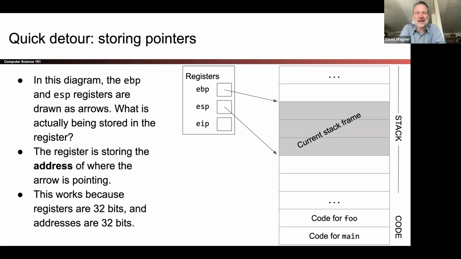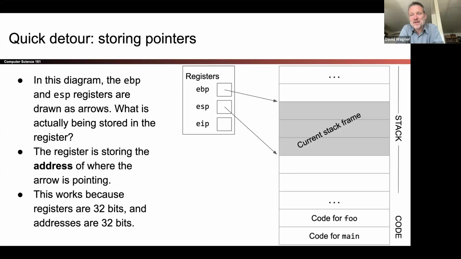Now, let me make a quick aside about pointers. A pointer is an address. I'm going to draw diagrams with pointers represented as arrows. But the way that's stored, your CPU only knows bits and bytes. So what's actually being stored in a register or in memory when you have a pointer?